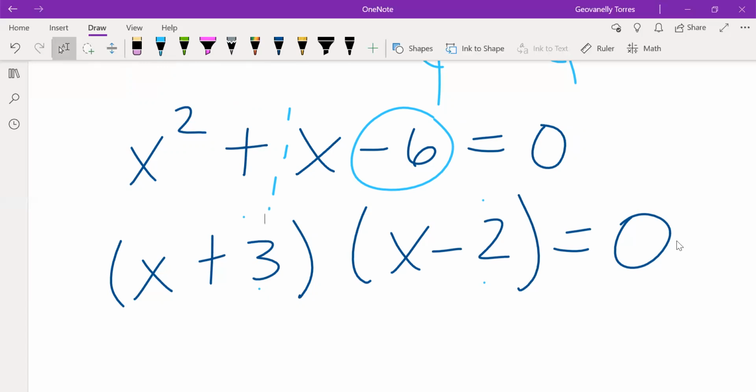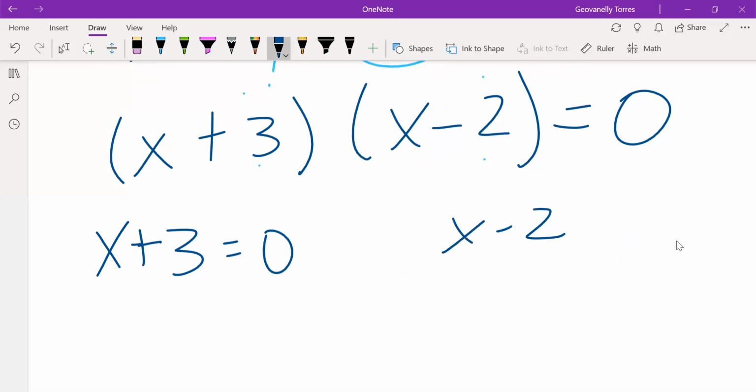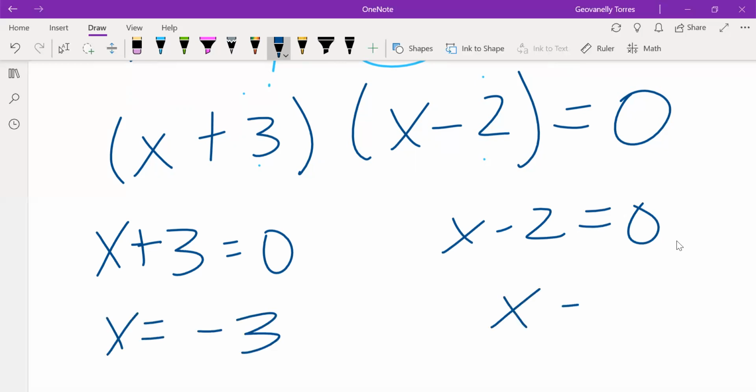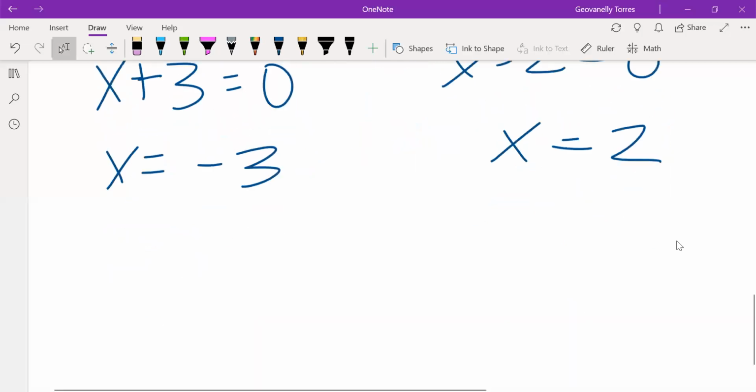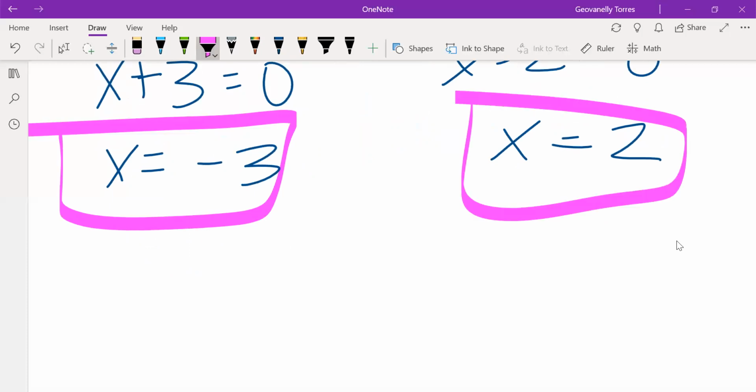Now, we set both factors equal to 0. So x plus 3 equals 0 and x minus 2 equals 0. So that gives us x equals negative 3 and x equals 2. Okay, so we have these two solutions.